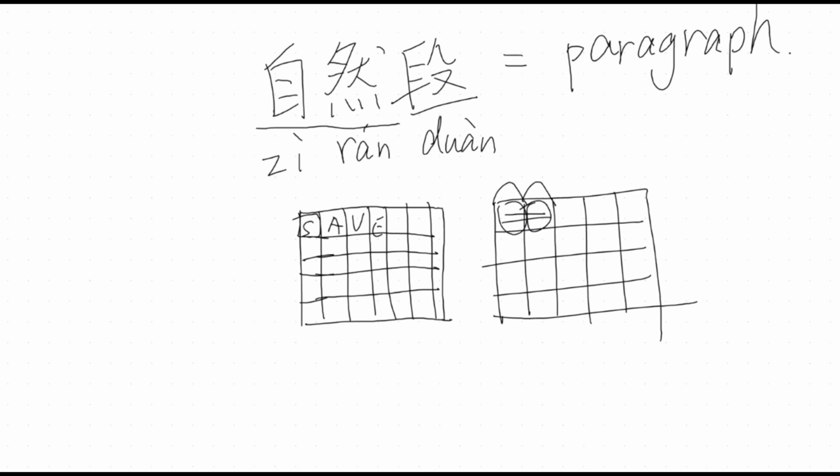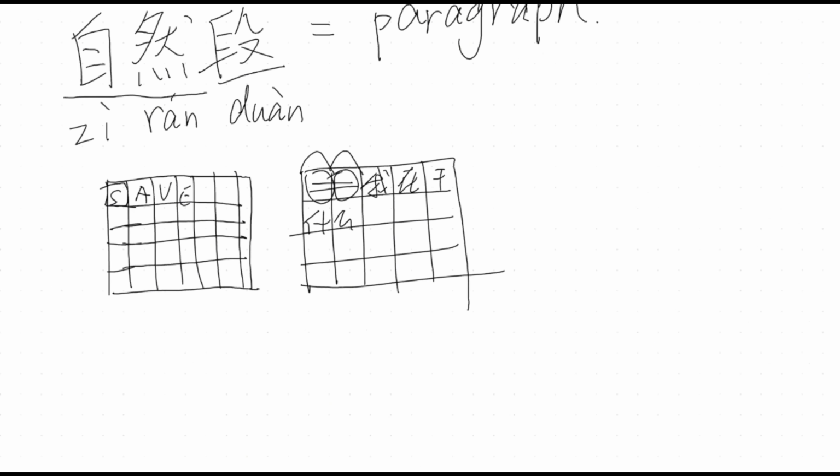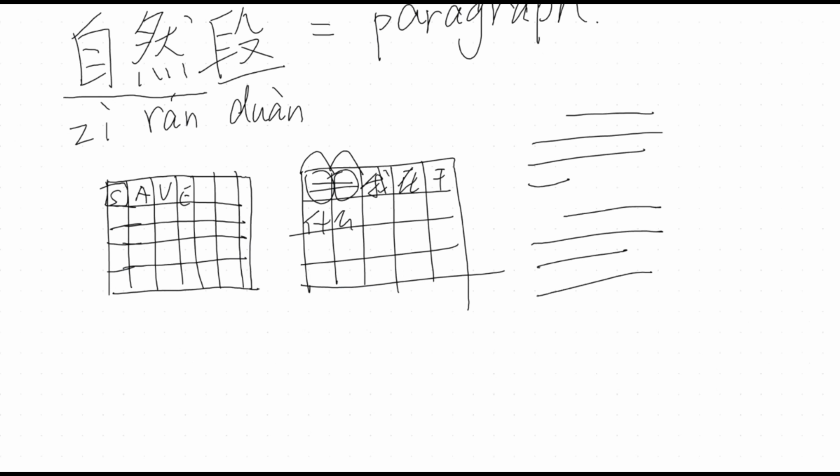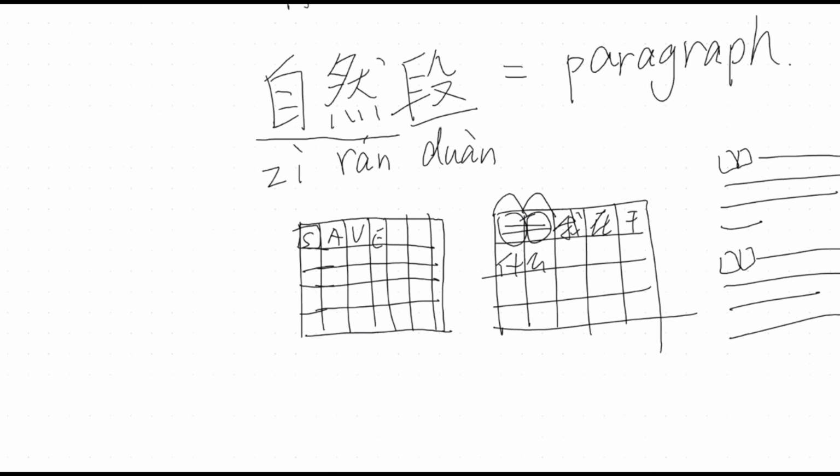So we start at the third box. If you have the chance to read a Chinese book, you will see it will leave the first two blank. So that's how you tell it's the beginning of a paragraph. It's because these two places are empty.